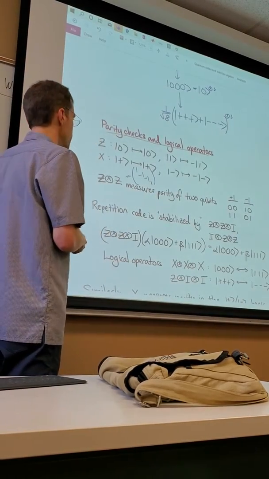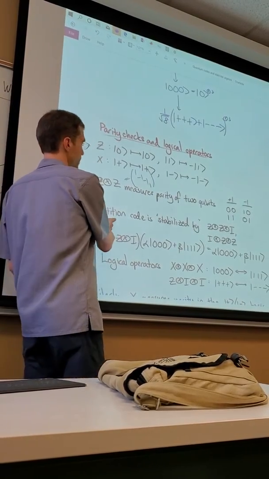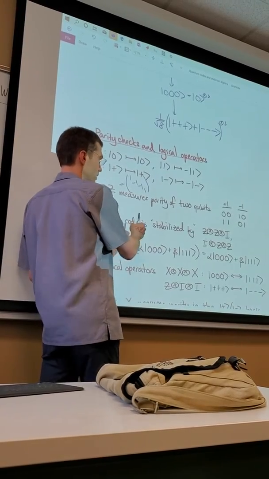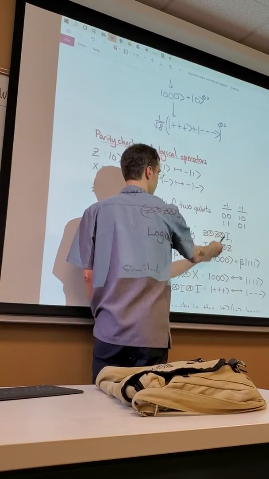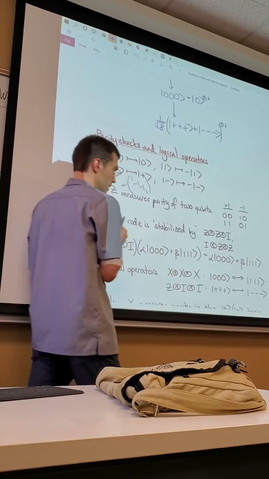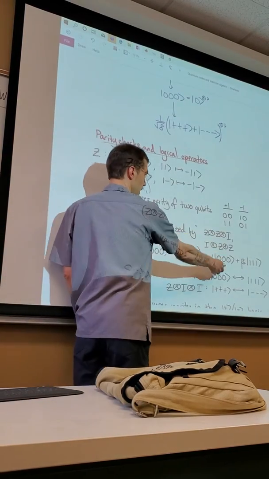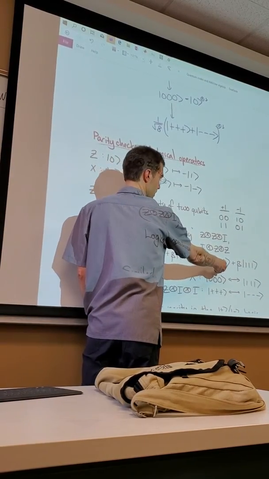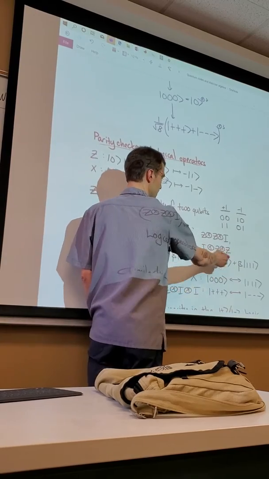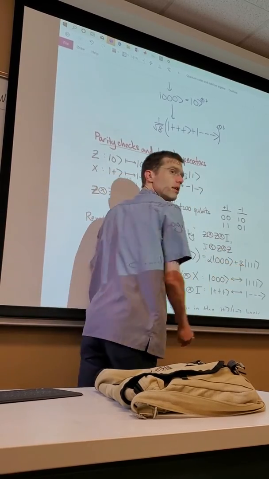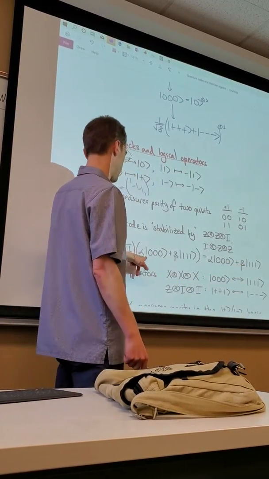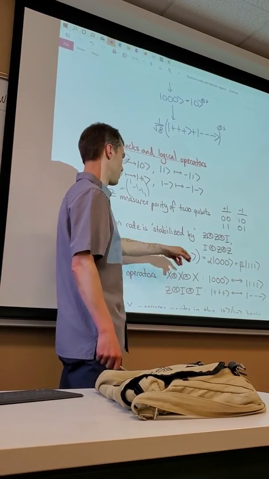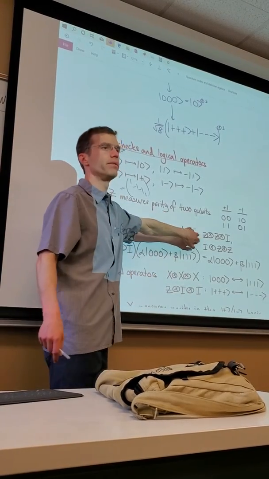And so therefore, stabilizers for the 0, 0, 0, 1, 1, 1 code are these operations, ZZI and IZZ. Because ZZI acts trivially on both these states, and IZZ acts trivially on both these states. And so any code word alpha 0, 0, 0 plus beta 1, 1, 1 is stabilized by both of these operators.